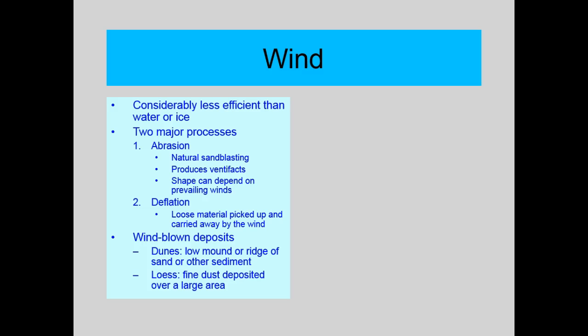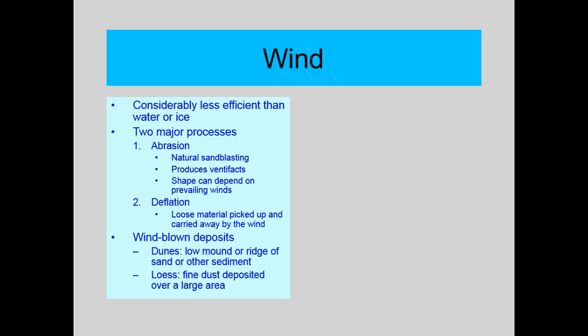If the wind is picking up grit, that's usually silica, quartzy material, which is really hard, and whamming it against a surface, then it's going to break away that surface. Abrasion, natural sandblasting. It produces what they call ventifacts.